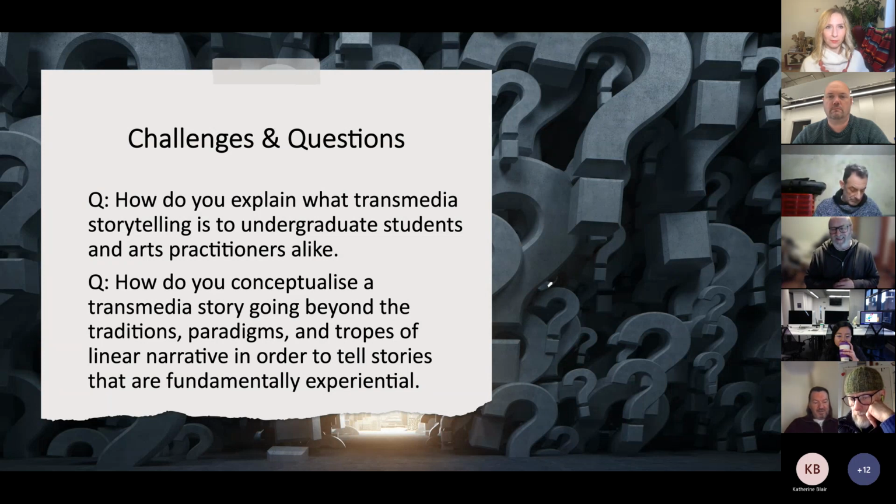There's very much a decentering of authorship that goes on in transmedia, and people talk about the audience becoming the hero. So it's trying to understand how you build transmedia conceptually, in terms of story, but also practically, in terms of the tools and process tools that you would use, but also to understand theoretically what it is as well.